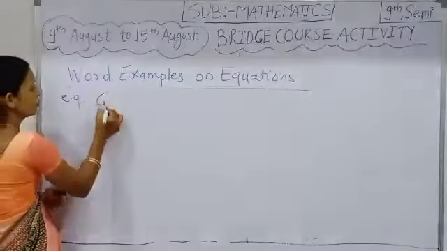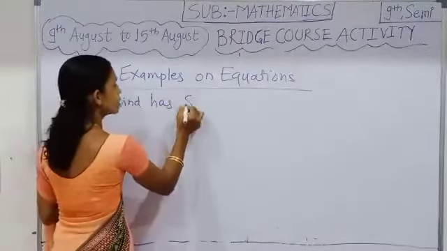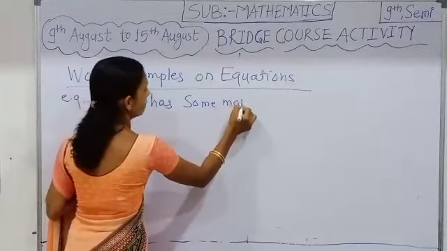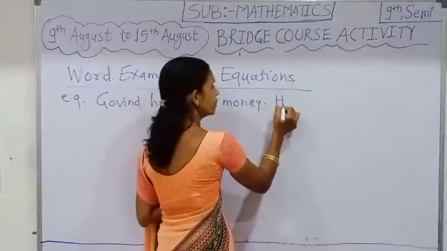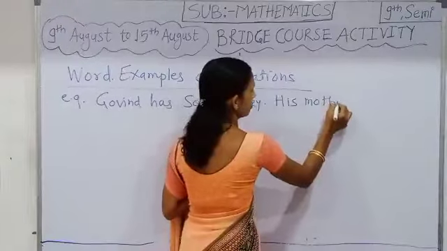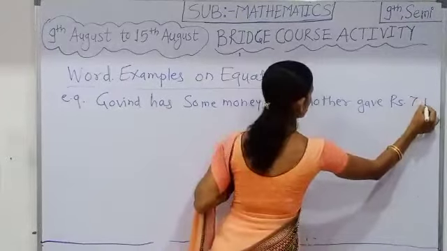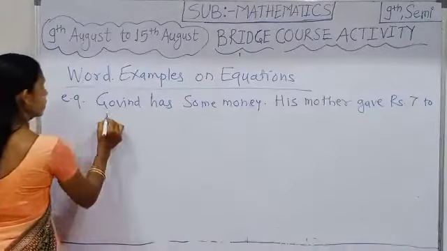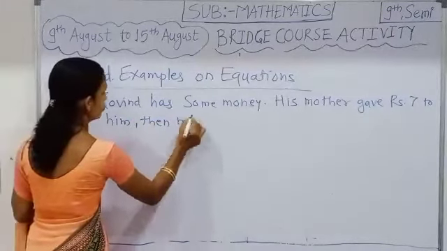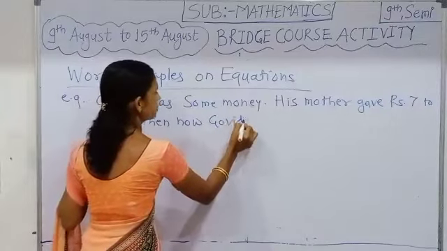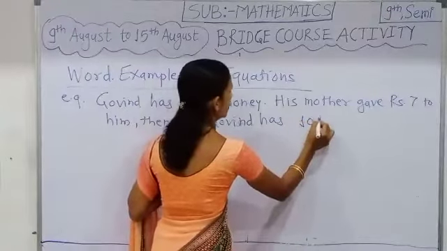For example, if Govind has some money and his mother gave 7 rupees to him, then now Govind has 10 rupees.